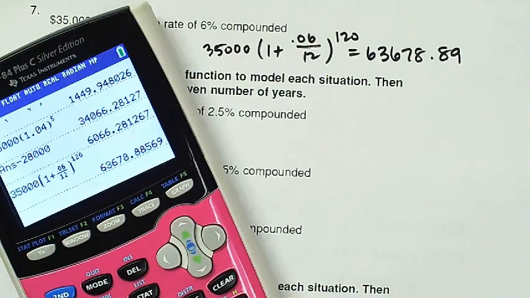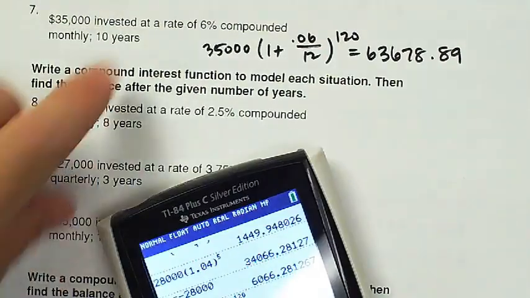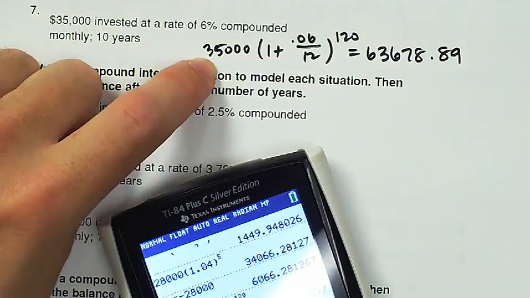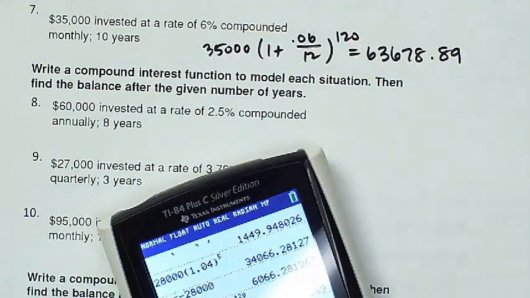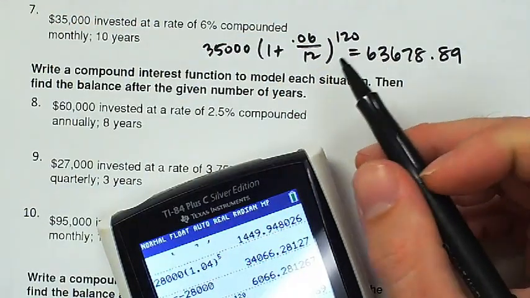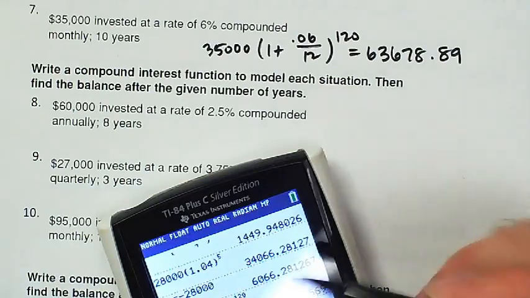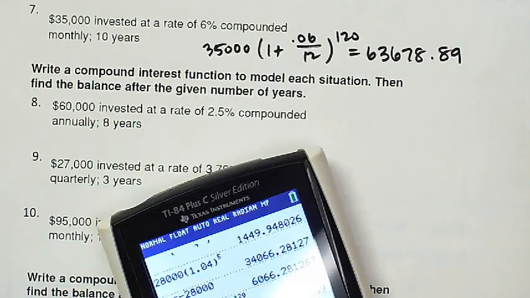And now if we wanted to figure out when the value of this went over 60,000, what we could do is go and do a little intersection on the calculator. I see that this homework isn't really requesting it, but that's something that you will be seeing on the review, seeing on the test, that type of thing.